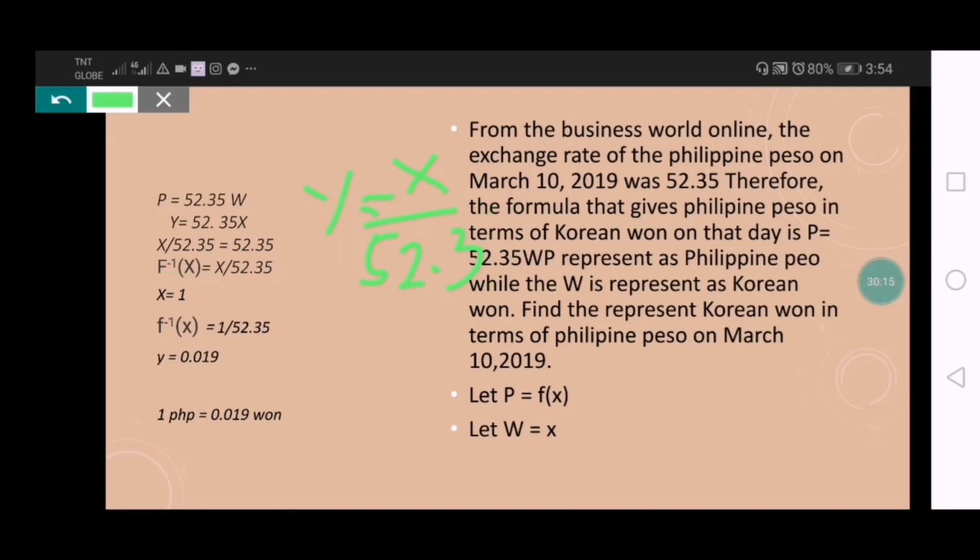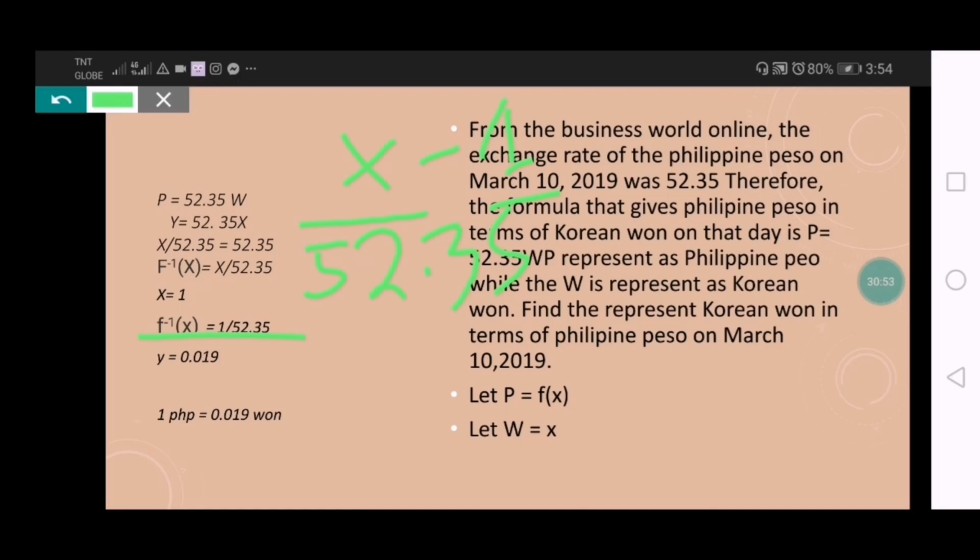Got it? So since our x is 1, remember this one, we have here x over 52.35. Since our x is equivalent to 1, what we're going to do now is substitute the 1 into the inverse function, which is f inverse of x is equal to 1 over 52.35.